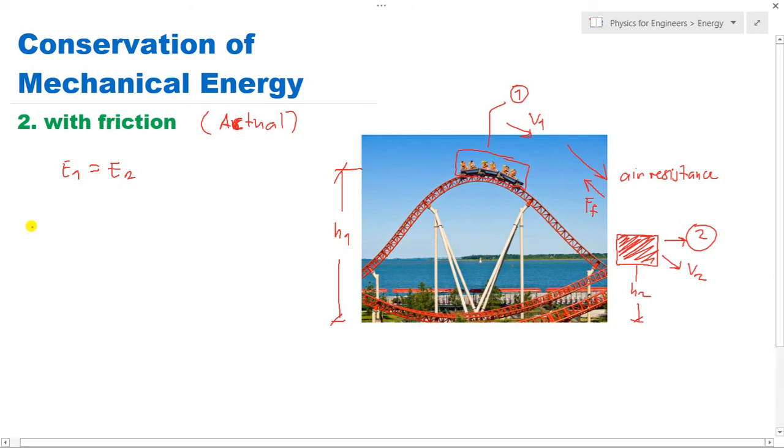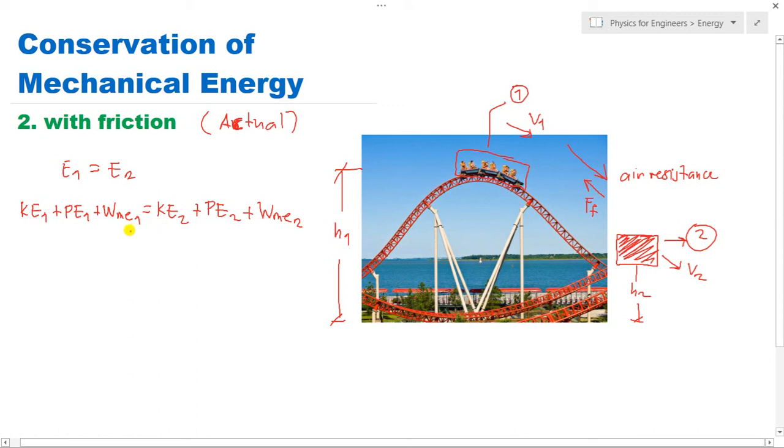So therefore, at energy 1, or energy at state 1, we have kinetic energy 1 plus potential energy 1 plus some form of mechanical work is equal to kinetic energy 2 plus potential energy 2 plus mechanical work at 2.